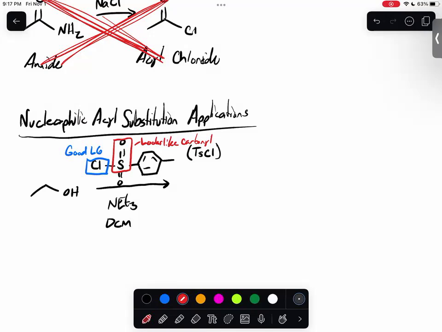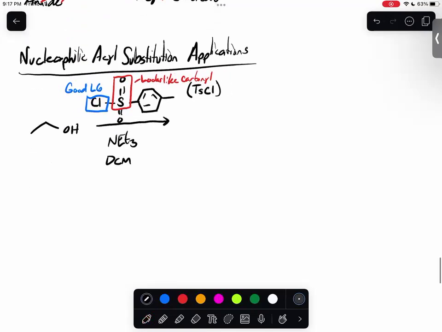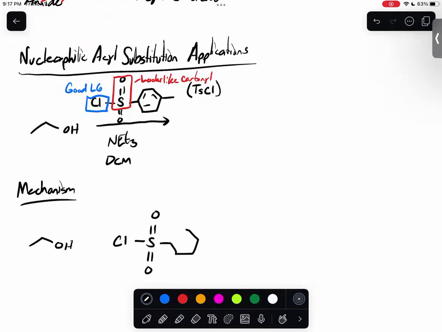Because if we look at what's going to happen in this reaction through the reaction mechanism, what you'd see is that the alcohol is actually going to go ahead and act as a weak nucleophile, but it's still good enough to come in here and attack the sulfur, right?